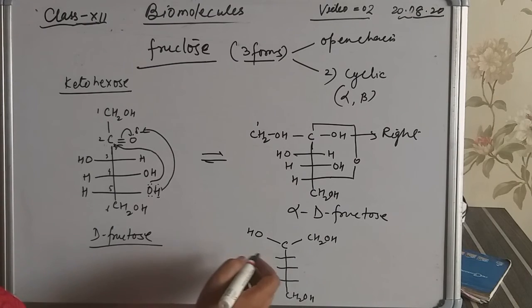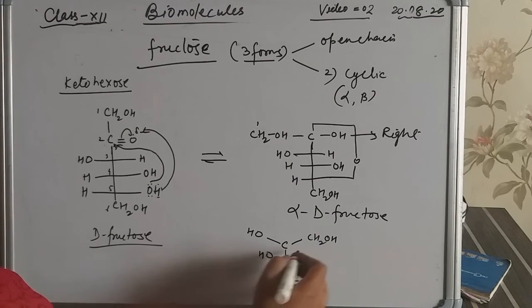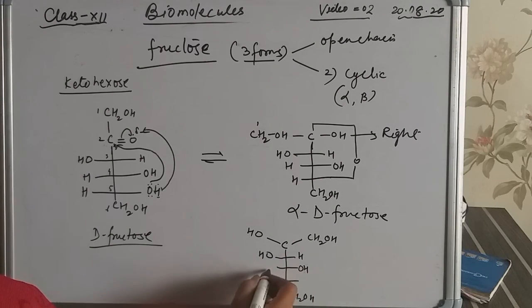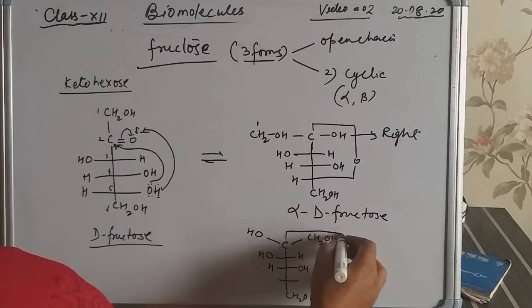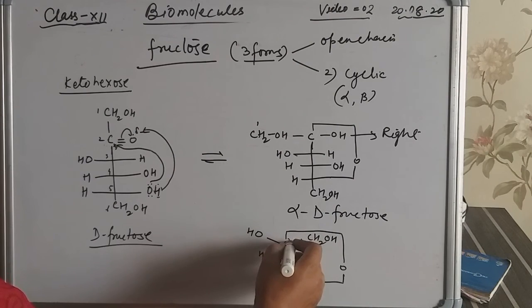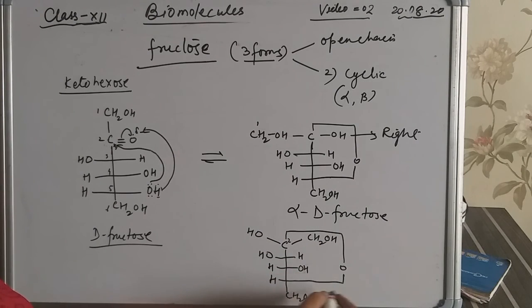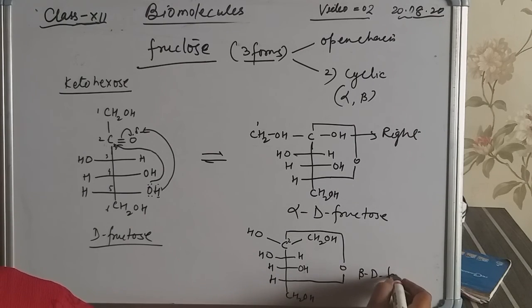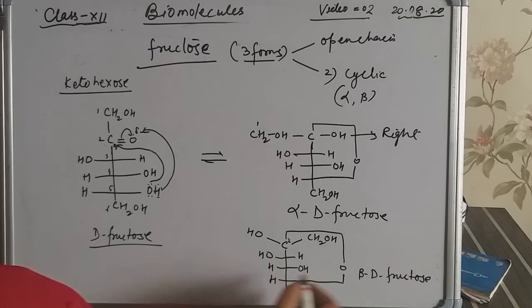So position 3 OH group on this side, H, OH, H, and the bond forms through O between carbon 2 and carbon 5. So this is 1, this is 2, this is 3, this is 4, this is 5 carbon. So it is called the beta D fructose, because the OH group is on the left-hand side.